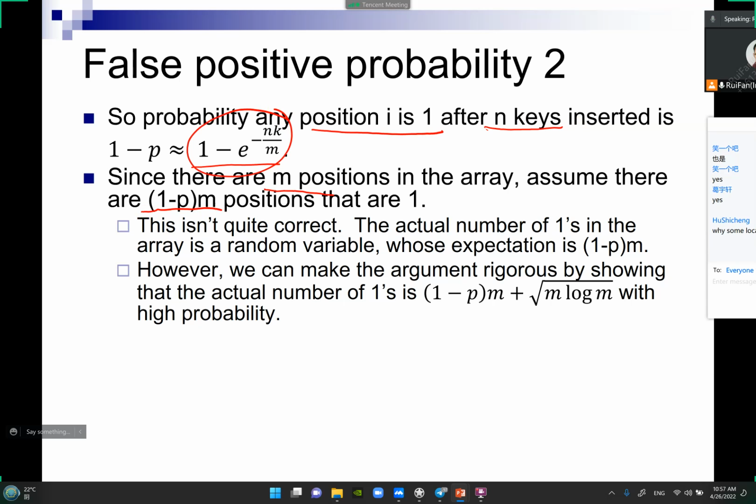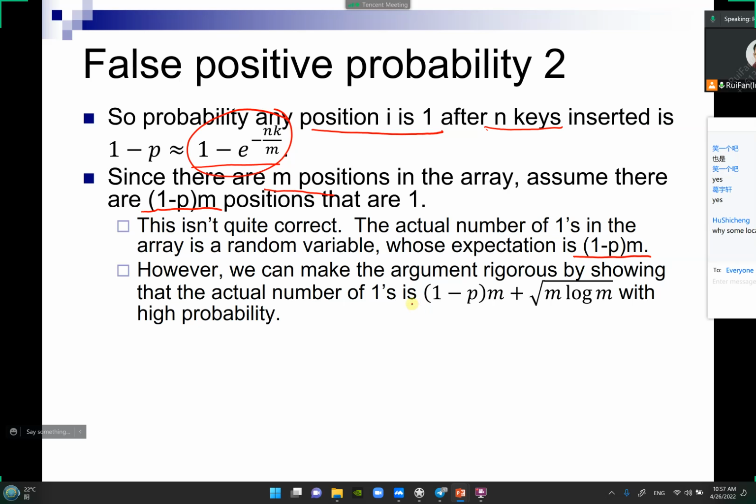Now, the actual number of positions which are 1s can deviate from the expectation. So the actual number of 1s is a random variable, but the expectation of that random variable is 1 minus p times m. Furthermore, this random variable is very tightly centered on its expectation.